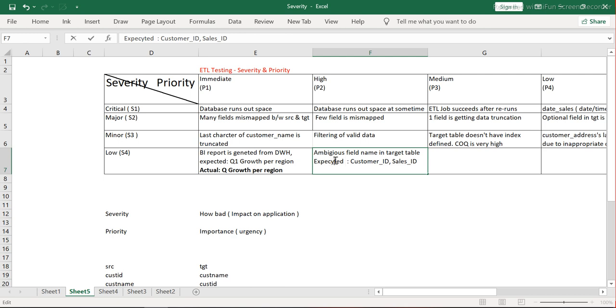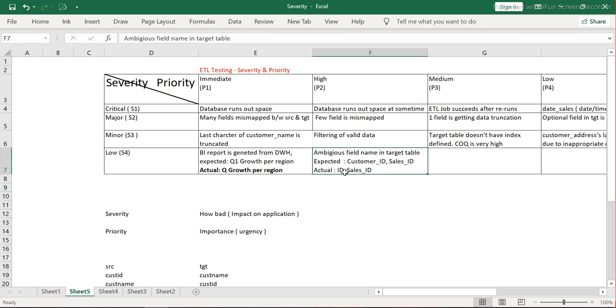Expected, okay, fine. Now, actual. What is actual? Actually, when I'm looking, I'm not finding it. Alright, this is actual. Instead of these, what I'm getting is just ID. Instead of customer ID, I'm just getting ID in my target table.